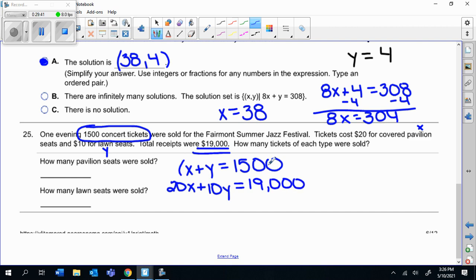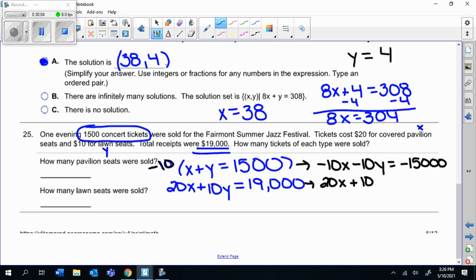Let's take everybody here and multiply it through by maybe -10 because that's kind of easier. And we'll eliminate the y. We'll have a positive 10 and a negative 10. So -10x minus 10y equals -15,000. And then this just gets rewritten. And so 10x, my y's drop out.